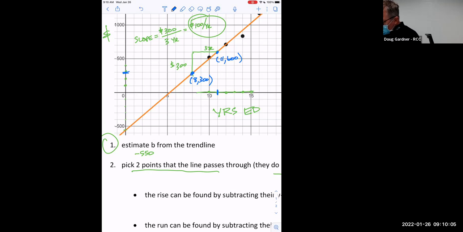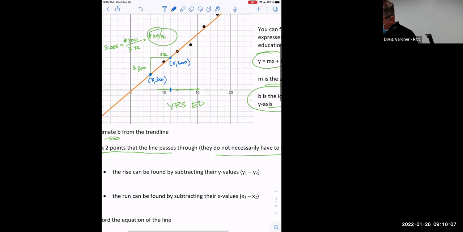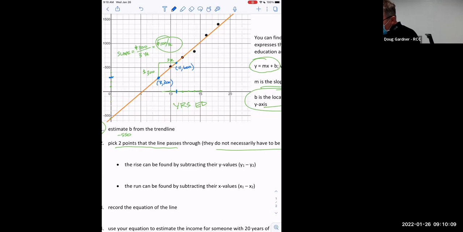So the cool thing is you don't have to count it. You can just do the math. So the rise can be found by subtracting their y values. So if I go 600 minus 300, y value minus y value, I get 300. That's the same 300 we just got a second ago by counting them ourselves. And the run can be found by subtracting their x values.